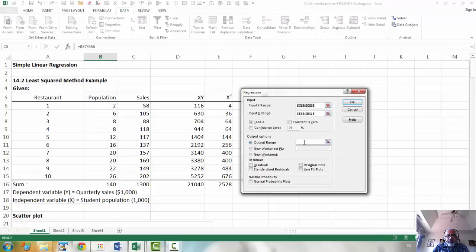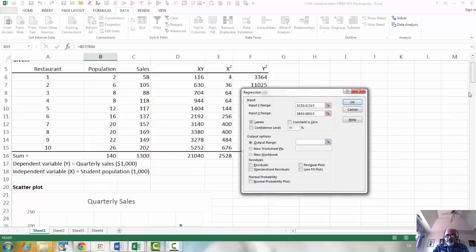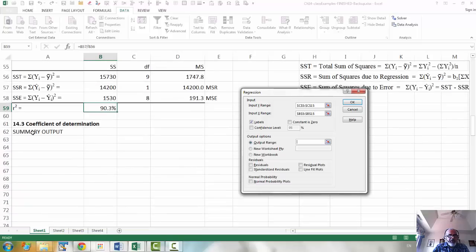Okay, and then output range, let's put it here. And for now we will not worry about these, we will talk about this in a later video. And again, confidence level, if you want only 95% confidence level, you can leave this blank.